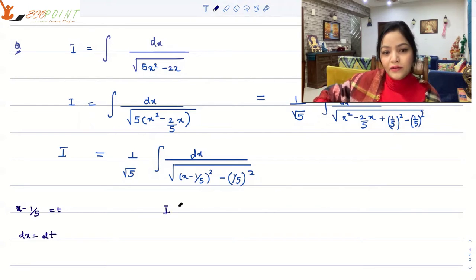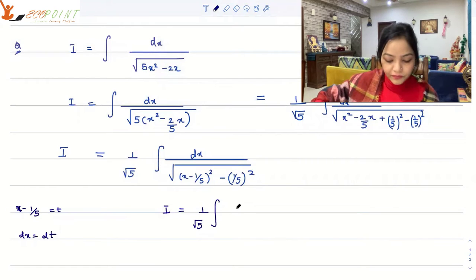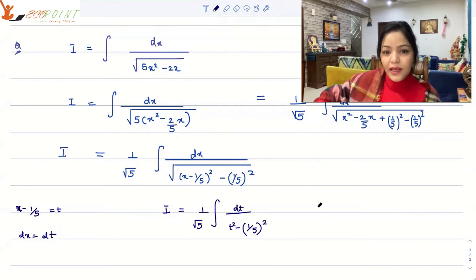So I can rewrite my integral as 1 upon root 5 integral dt upon square root of t square minus 1 by 5 whole square. And we know what this integral is.